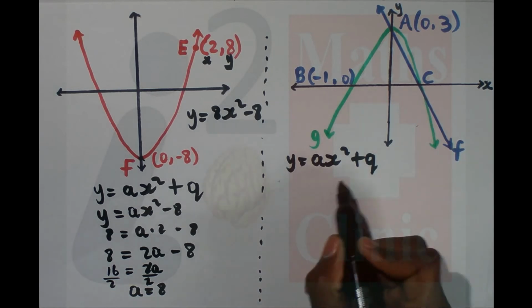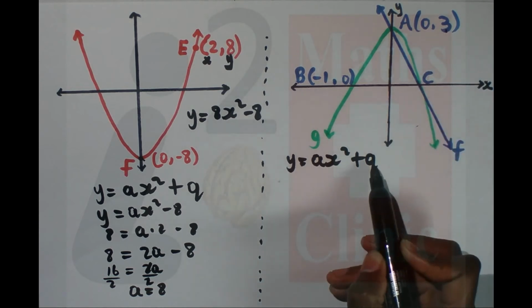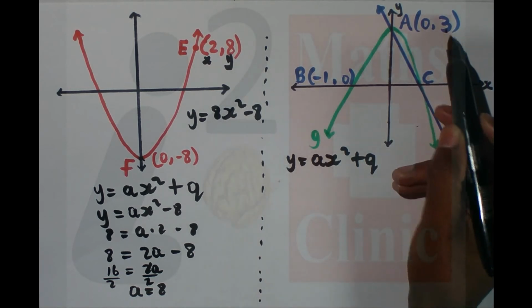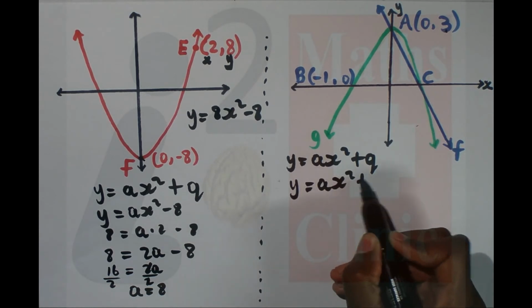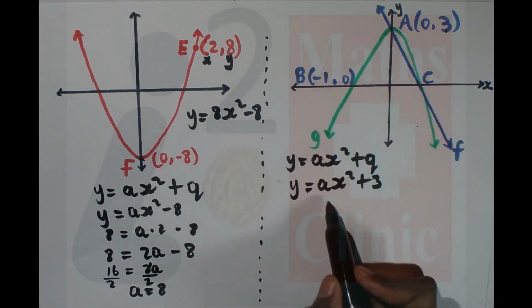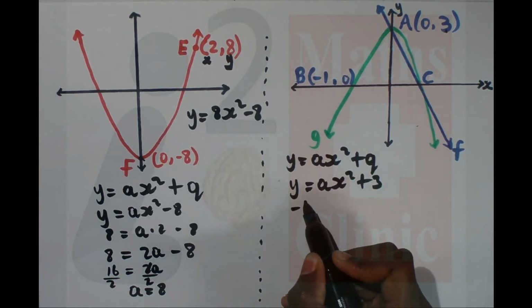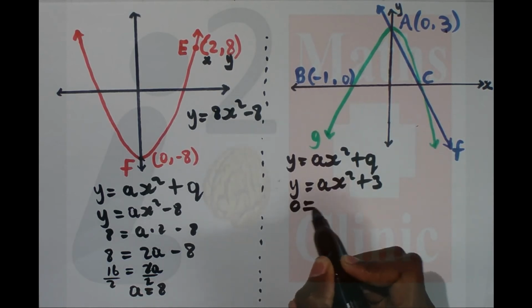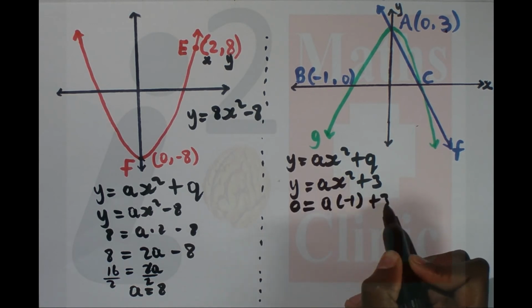Fine. So nalapha utyu wethu sijonga pha i-turning point y value yayo ngu 3. So sayazi utyu yintoni, la y value yantoni ye-turning point. So y equals ax squared plus 3, and then to get a value ka a, we substitute as our values y equals 0 and x equals minus 1. So 0 equals a times minus 1 squared plus 3.